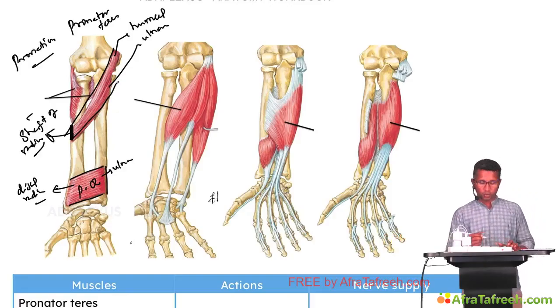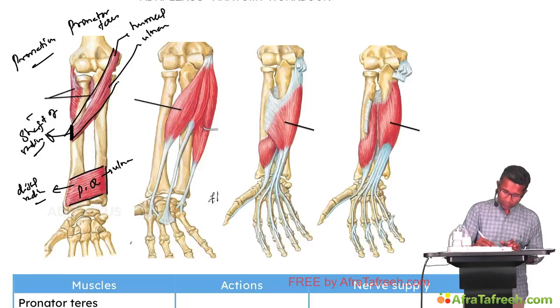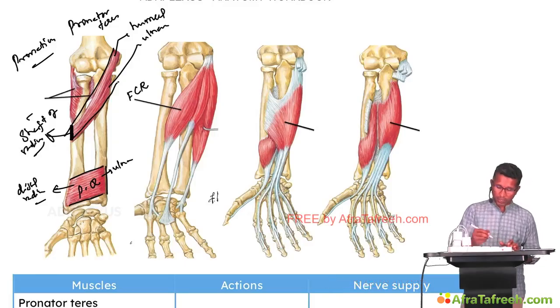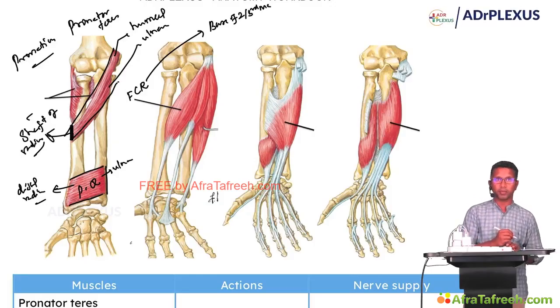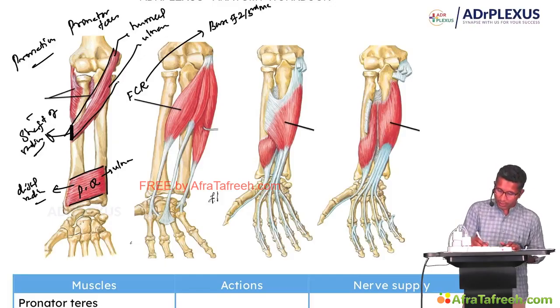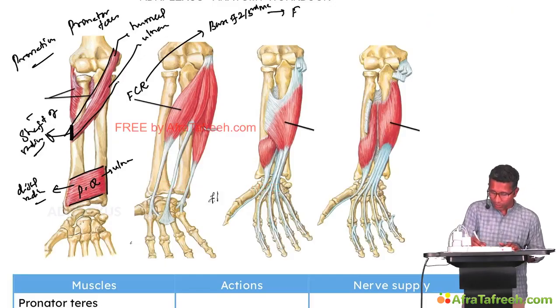Now coming to the next muscle, this muscle which is marked here is flexor carpi radialis. As you all know, flexor carpi radialis gets inserted into the base of the second and third metacarpal. This muscle will cause flexion of the wrist.